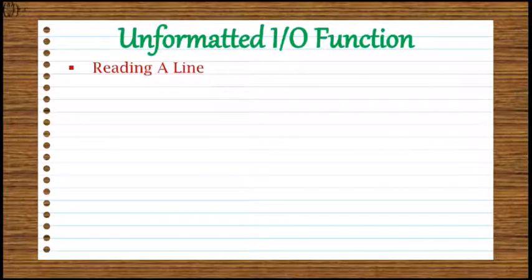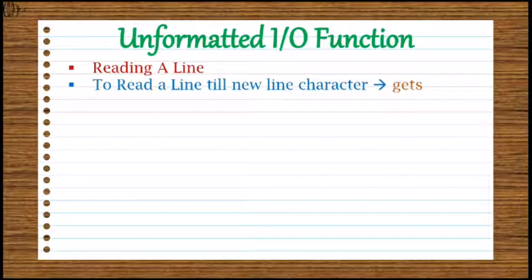Next, reading a line. Suppose you don't want to read a single character, and instead you want multiple characters, or you can say a line of characters. Then to read a line till the new line character, the gets function is used. The syntax for gets is gets, then the variable name, and a semicolon.